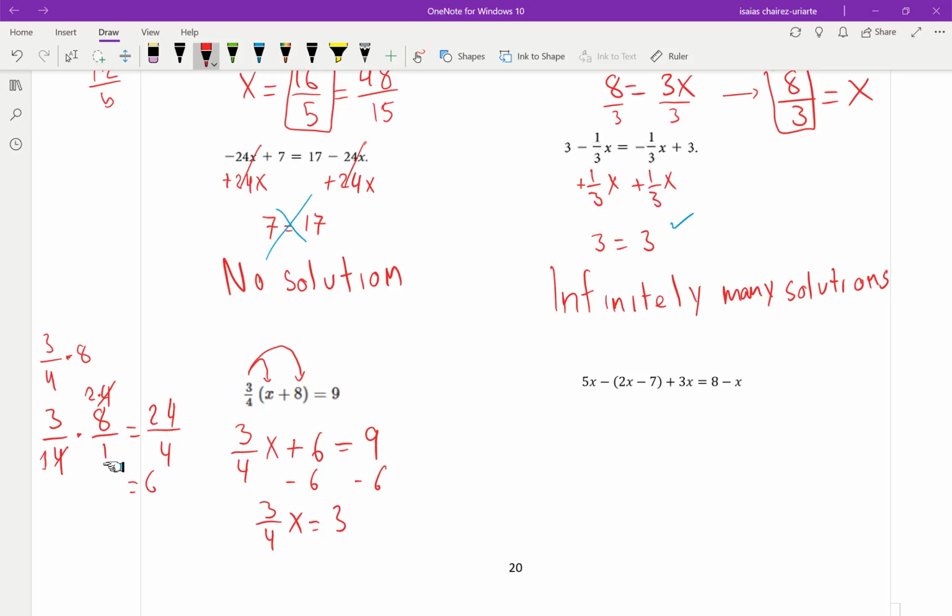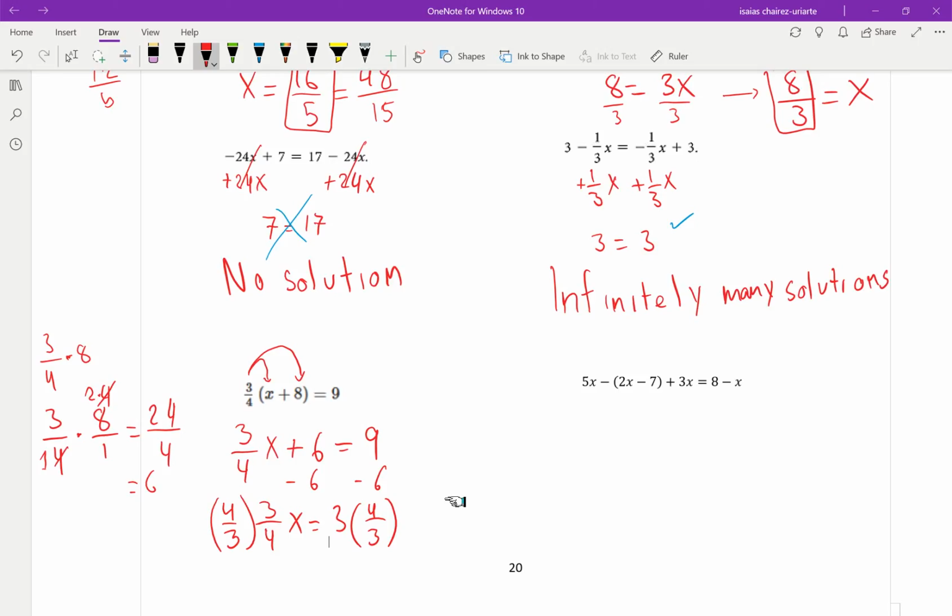And then the last thing to do here is to get rid of this 3/4. The step necessary to get rid of the 3/4 is to divide by 3/4. But we also said that dividing by a number is the same thing as multiplying by its reciprocal. So I'm going to multiply both sides of this equation by 4/3. Okay?